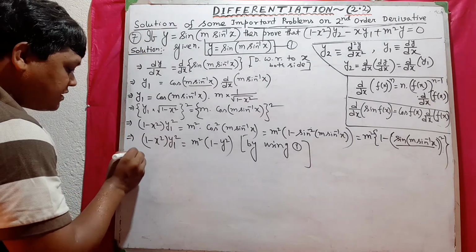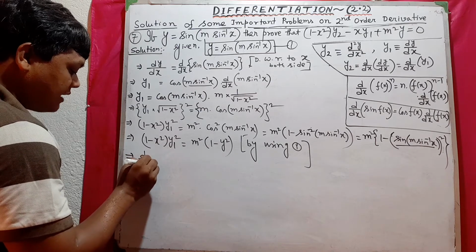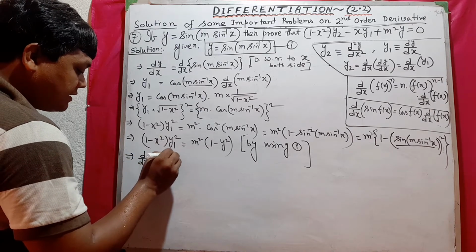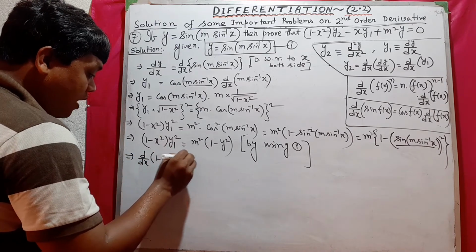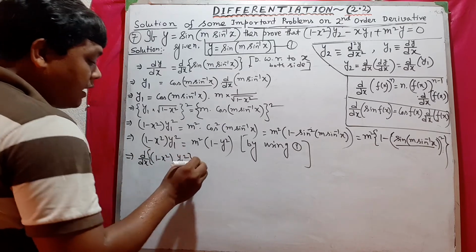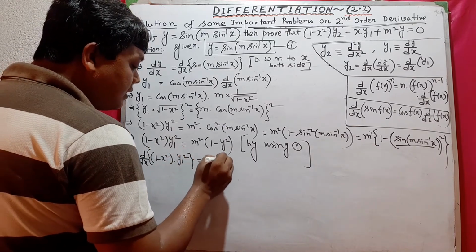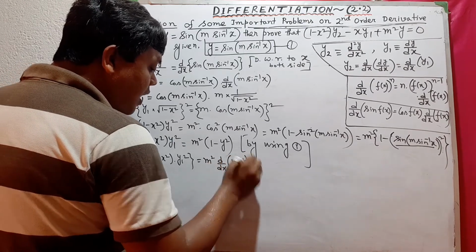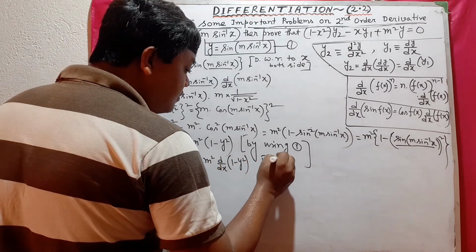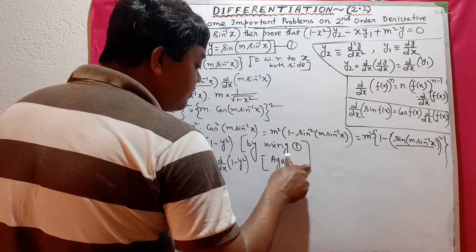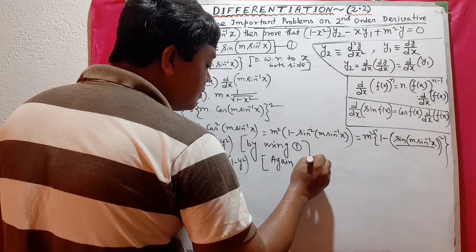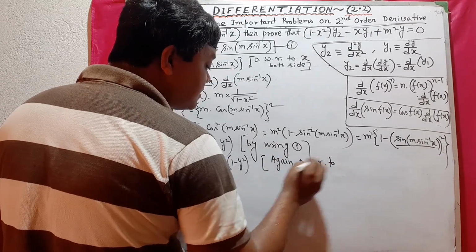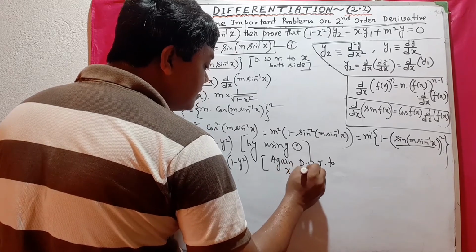Now again differentiate with respect to x: d/dx of (1 minus x square) into y1 square, and m square d/dx of (1 minus y square). You have to write down again differentiate with respect to x both sides.